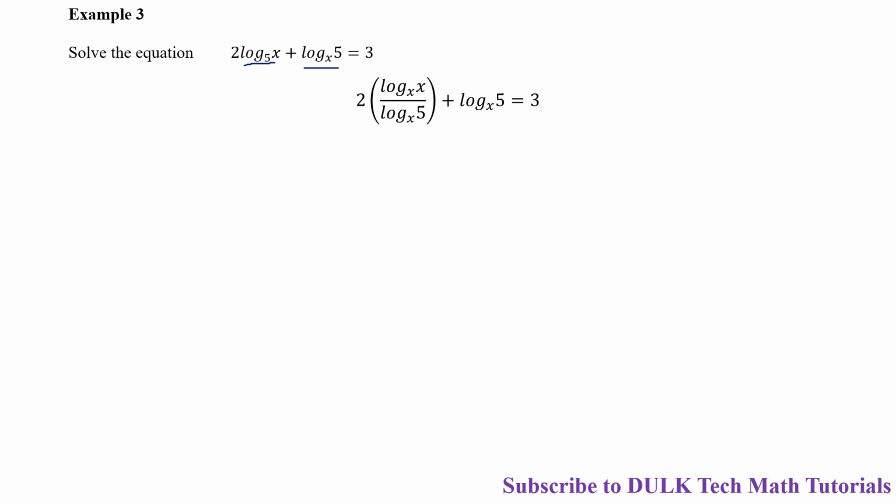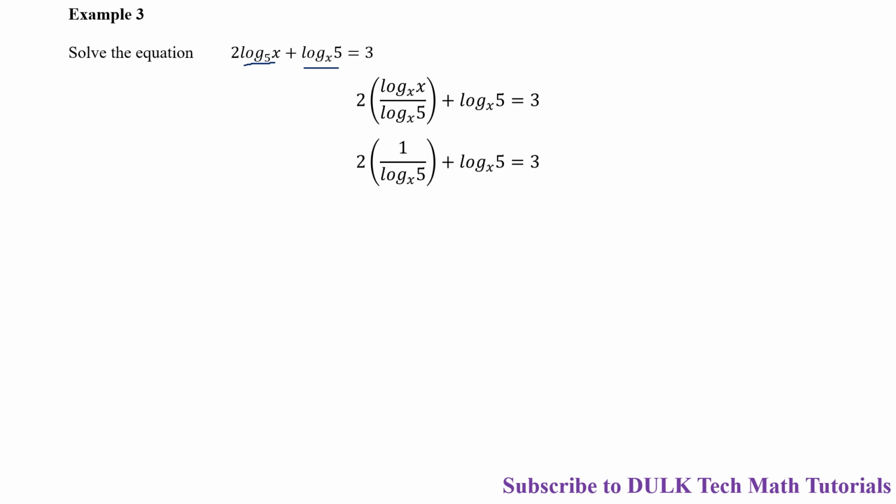Let's leave these two out. Then log x base 5 is the same as log x base x over log 5 base x. Then, as we can see, according to this other important result, log x base x is 1. So this reduces to 1 over log 5 base x.